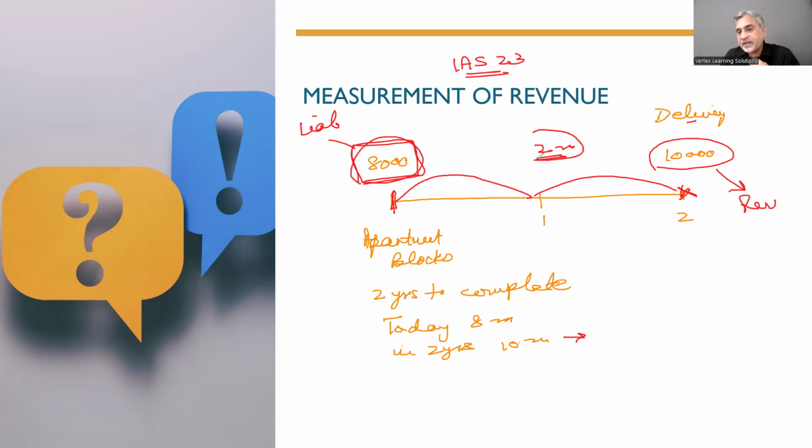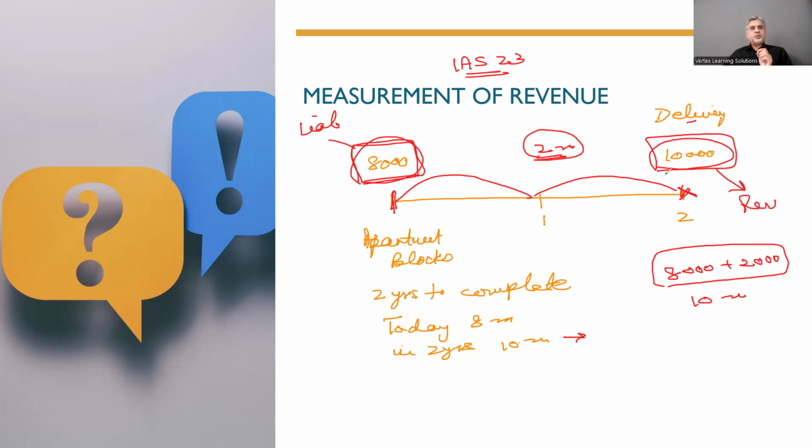Actually, it should be capitalized onto the cost of the asset, so that you have an initial liability of 8 million, plus you will make this 2 million. Your total value of the asset will also become 10 million, because 8 million was the construction cost and 2 million will be added as the borrowing cost. The asset will become 10 million. The liability will become 10 million. Then they will be swapped or switched and you will record the revenue as 10 million.